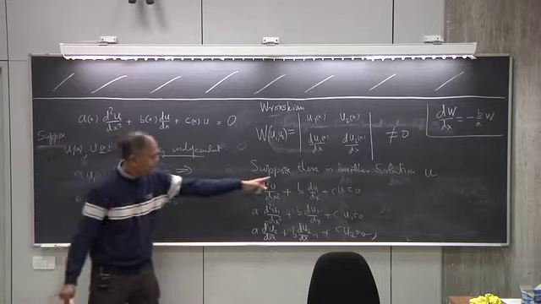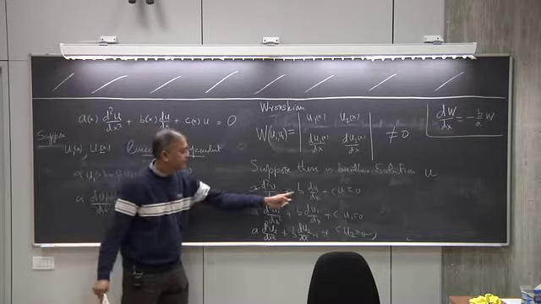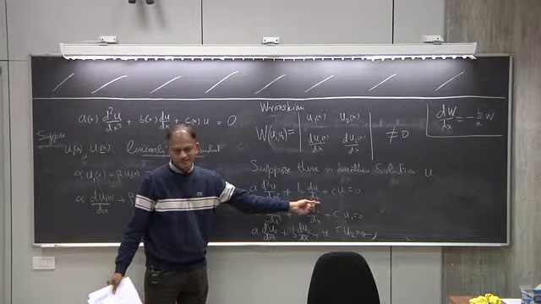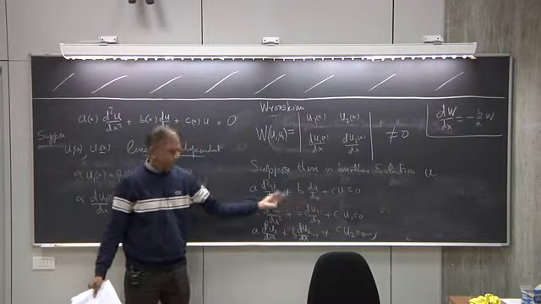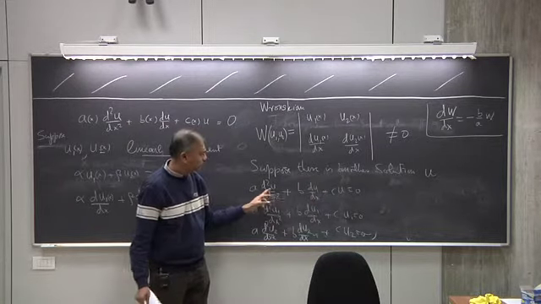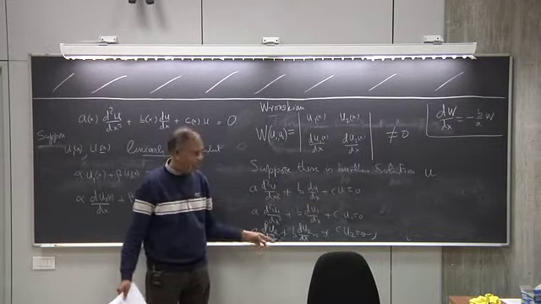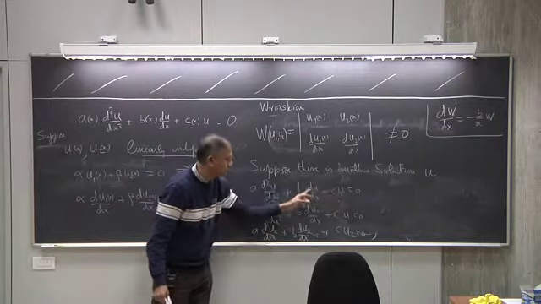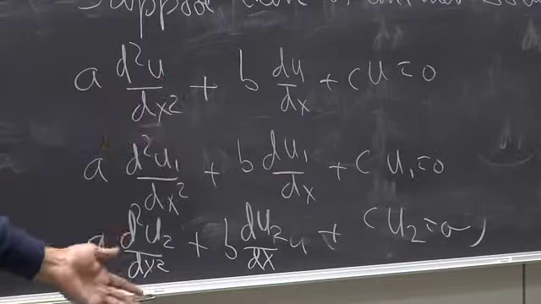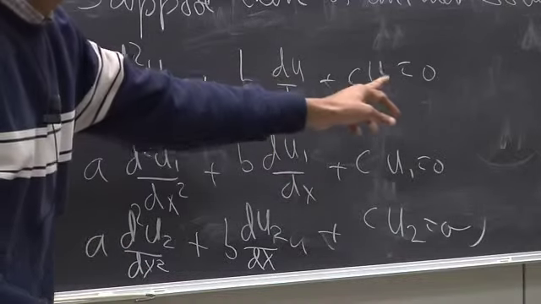Now think of this as a set of linear equations for a, b, and c. So suppose a, b, c are unknown here, and u1, u2 and u are given to you, which means, of course, not only u is given, but also the derivatives are given, because if you know u as a function of x, then you can take the derivative. So all these are known to you, right?